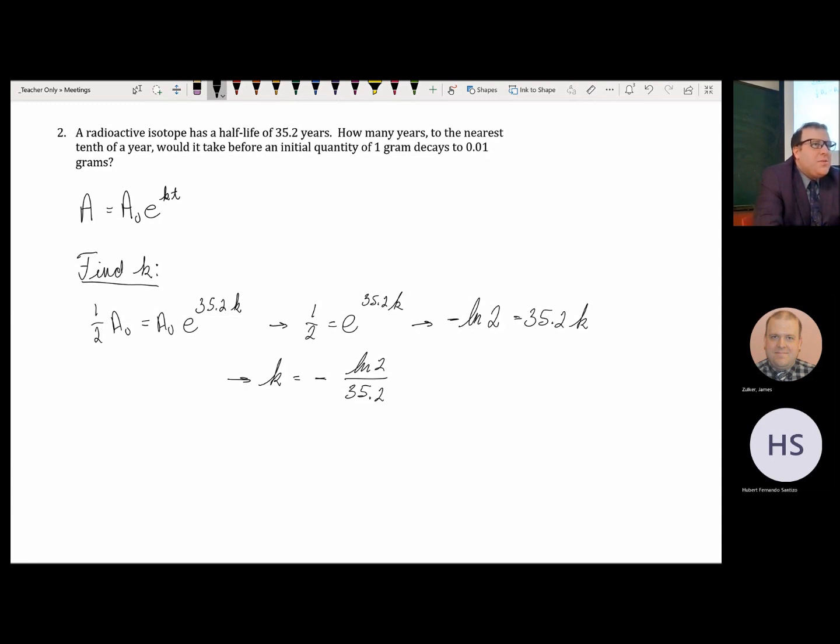If it was growth, we'd want our k to be positive. Right? k is called the rate of growth or decay, depending on what you're looking at. So if you take the absolute value of k, log 2 over 35.2, that gives us a rate of decay.